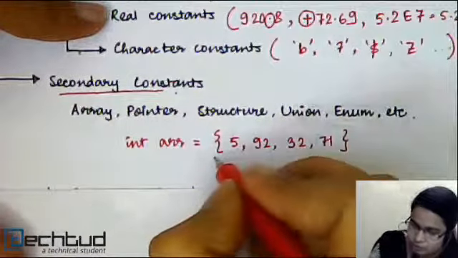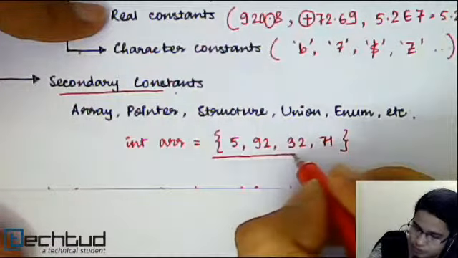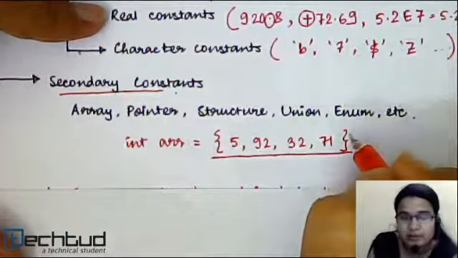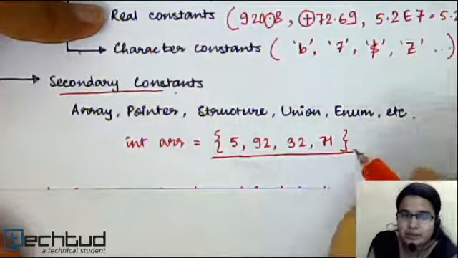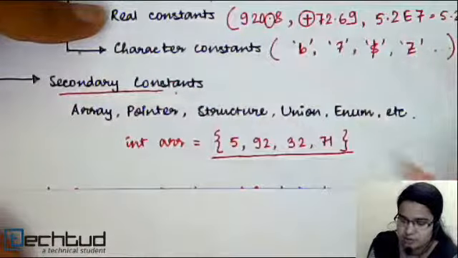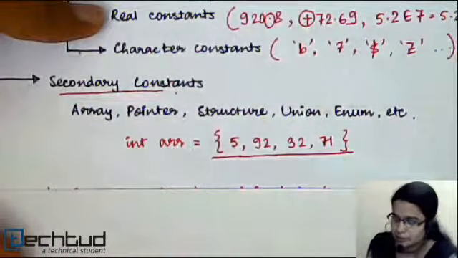Like this. So this one is formed using integer constants and this whole thing is an array constant. So it is a secondary constant. Similarly you can define pointer type constant, structure type constant, or union, enum, etc.